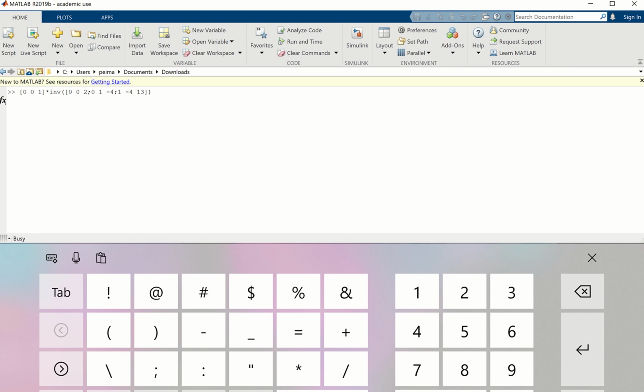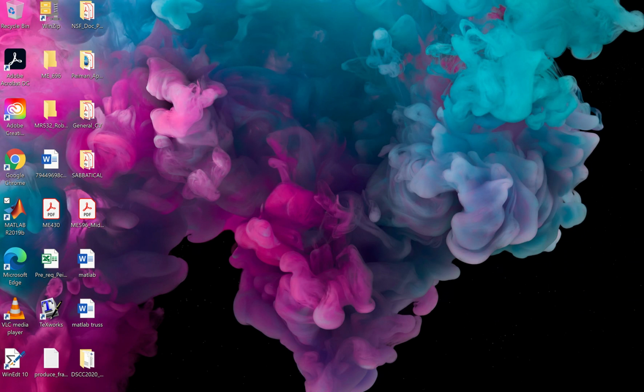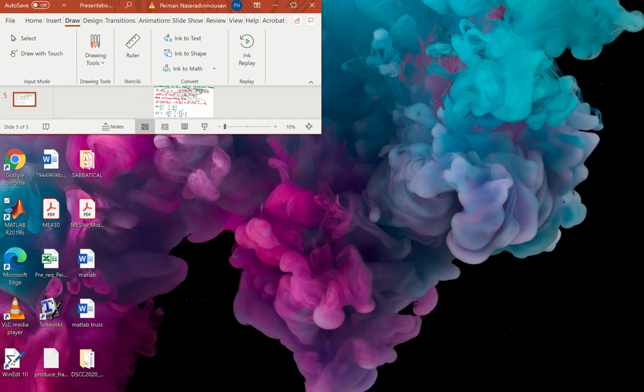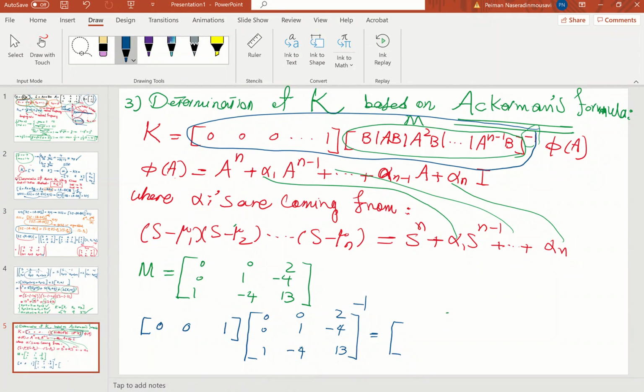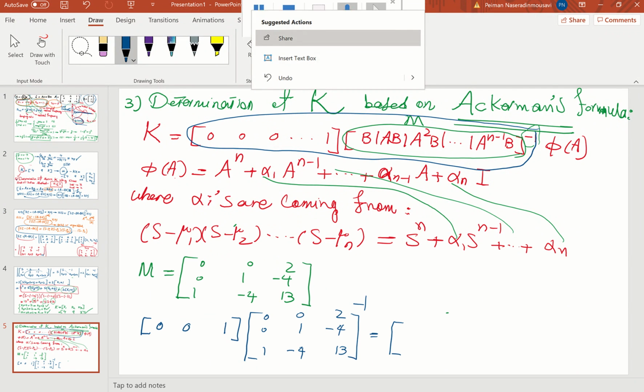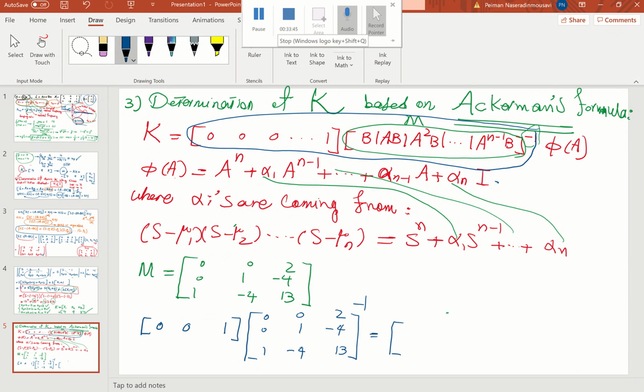So this part, if I do that, the answer is going to be 0.5, 0, 0. That's right.